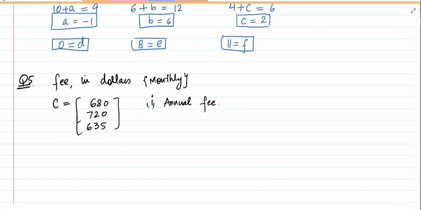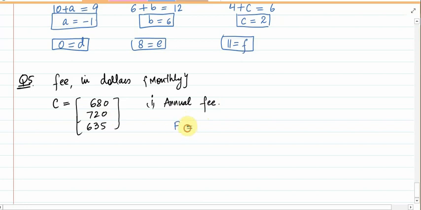So you know that if we know the monthly fees, we can find the annual fee by simply multiplying it by 12. So the annual fees equal 12 times the matrix 680, 720 and 635, right?